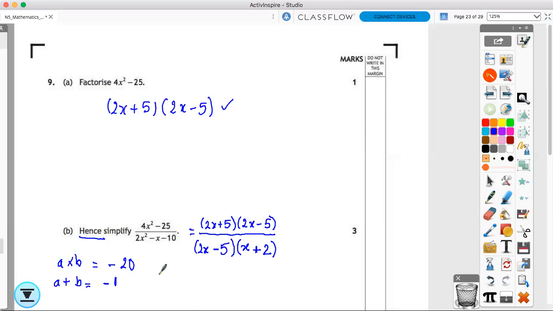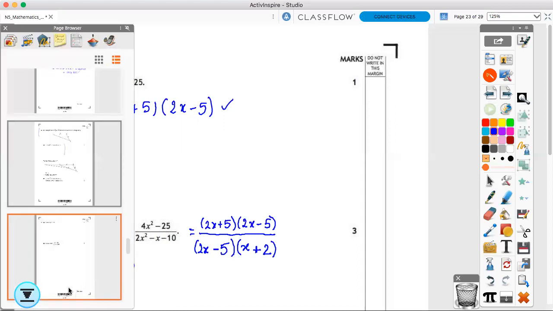So it needs to be two numbers close to each other to give me 20. What are the two numbers that are close to each other? Because remember, when I add them up, I'm going to get -1.